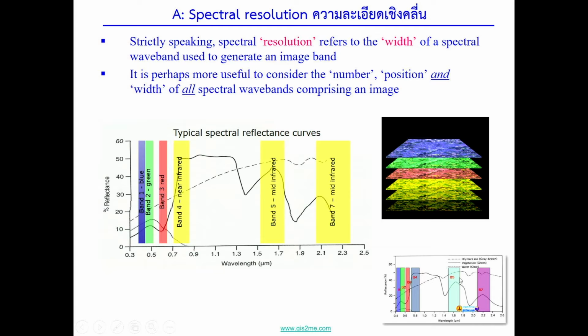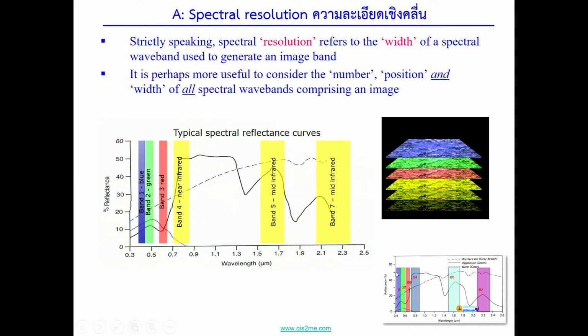If you want to analyze vegetation data, which band is the best? You can see from the reflection, right? For a vegetation image, you should select band 4 as the main one, and after that, you use another band to work together.